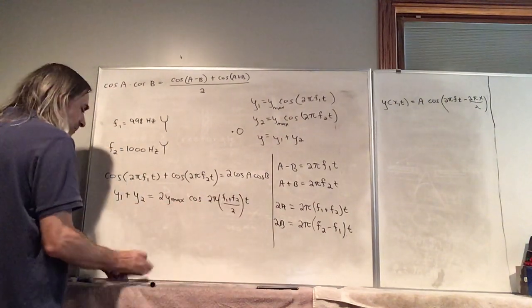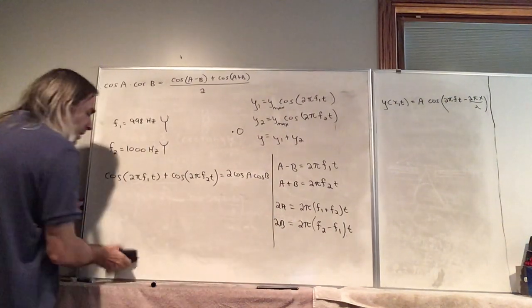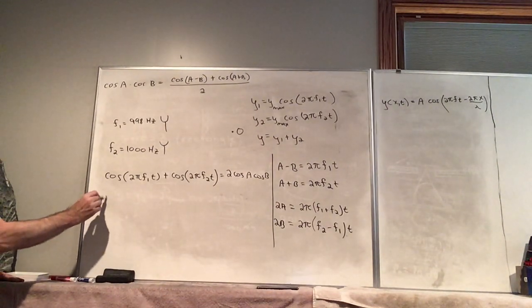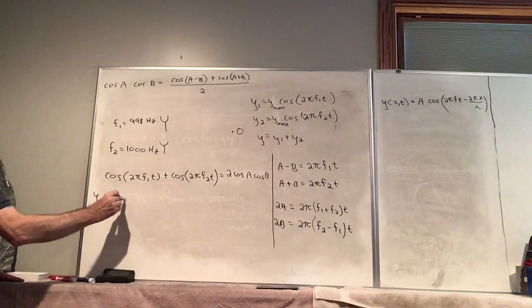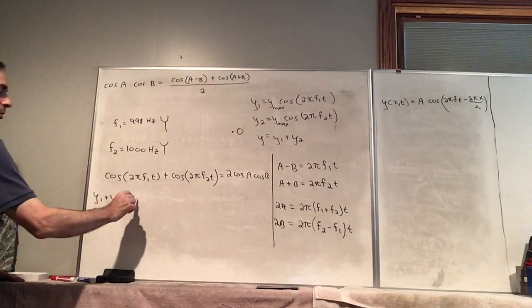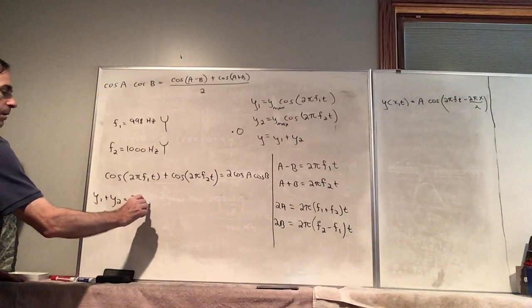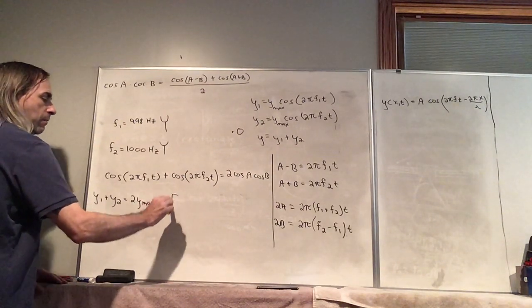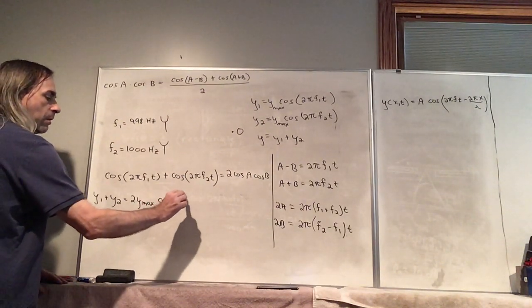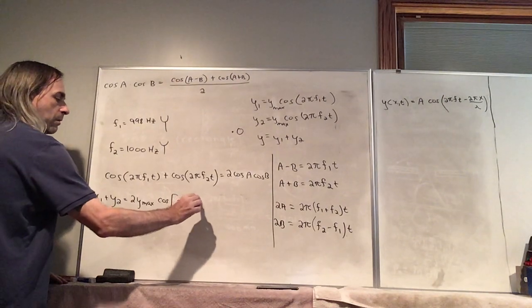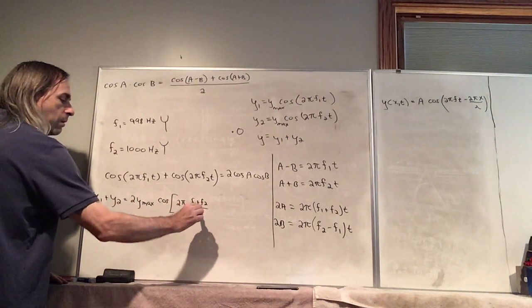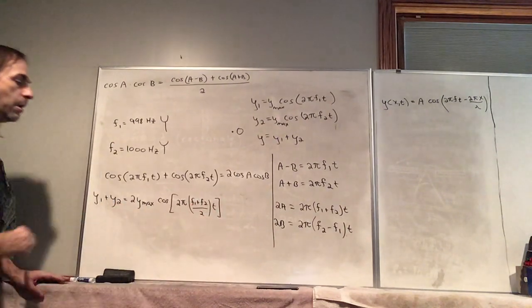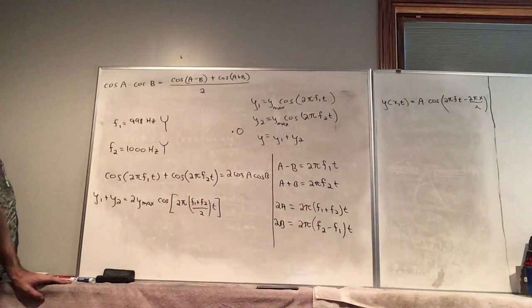Now, unfortunately, I'm out of room, so I'm going to erase it and try to cram it in here. On the left side, we have y1 plus y2. That's 2 y max times cosine of f1 plus f2 over 2.